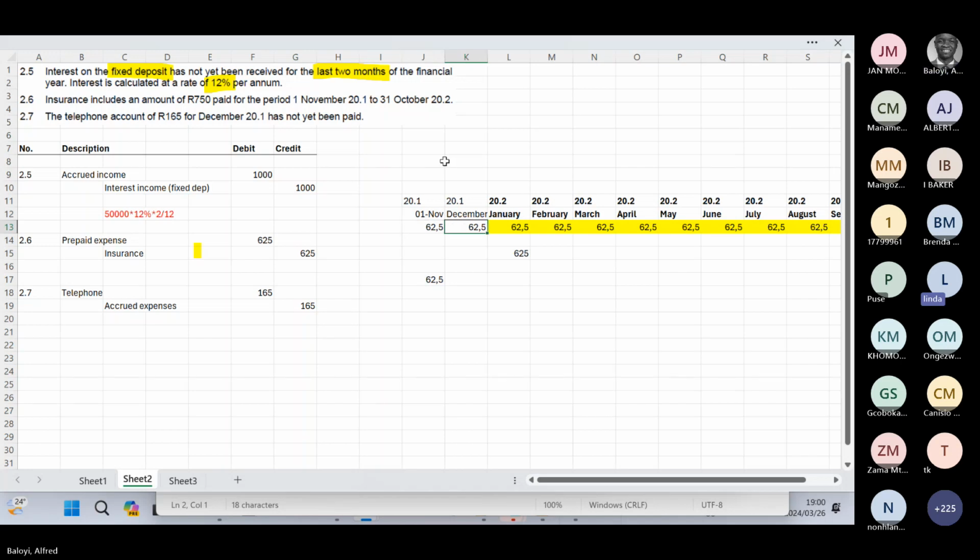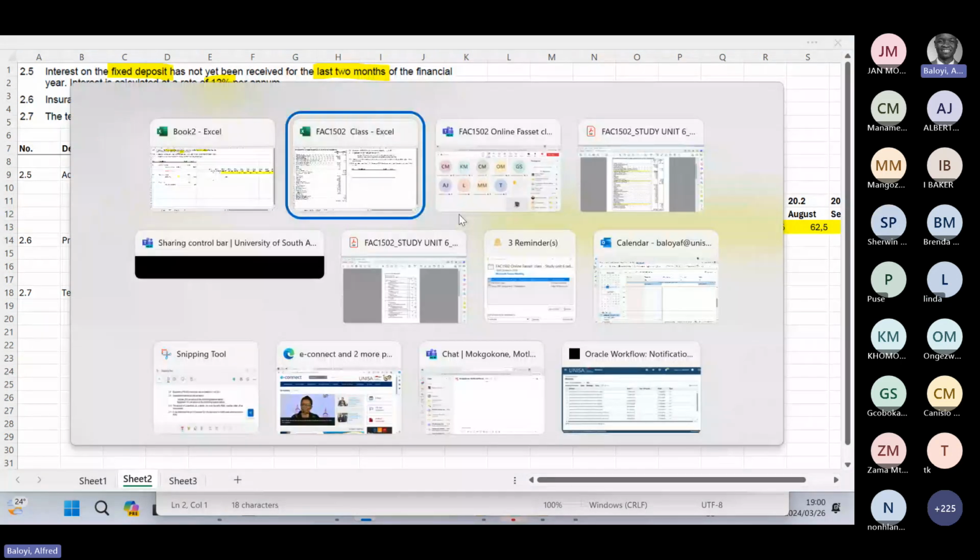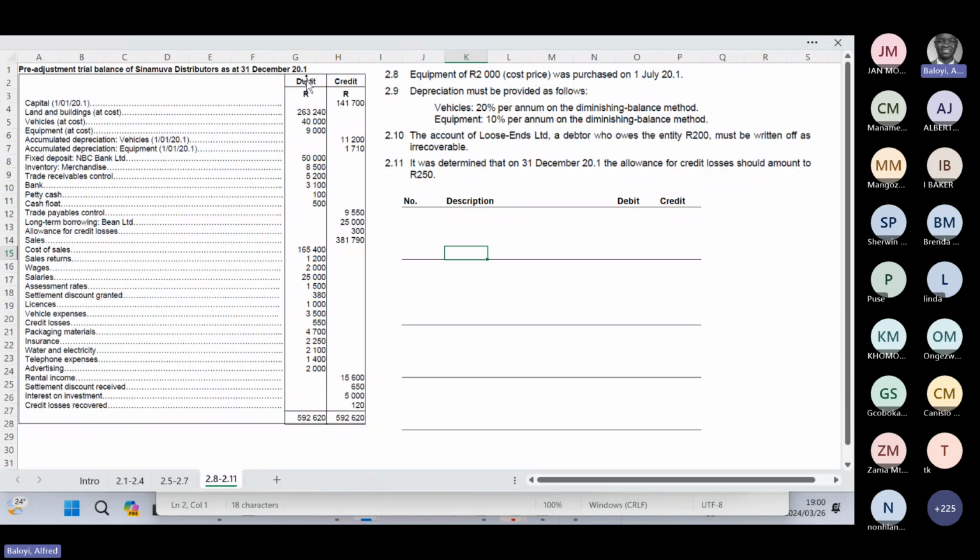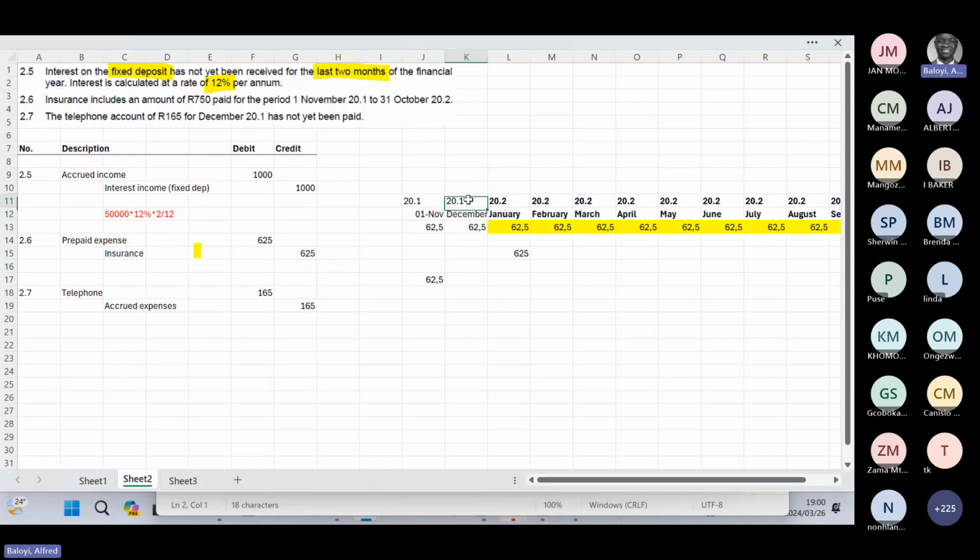Yes. So basically, if you look here, our financial year ends on 31 December. Our financial year is a 12 months period. So our financial year will end here on 31 December 20.1. You see from here, it's the new year. So this is the one we are working with, right?